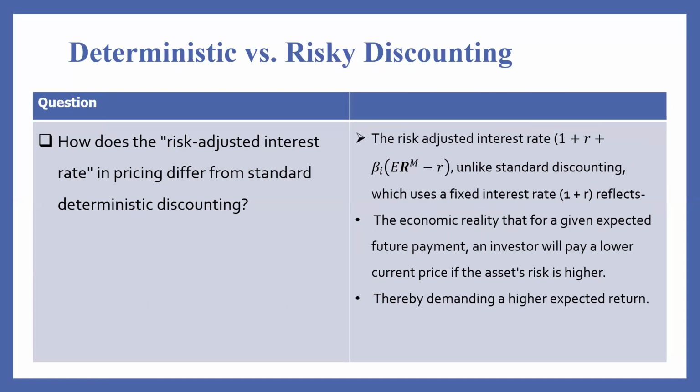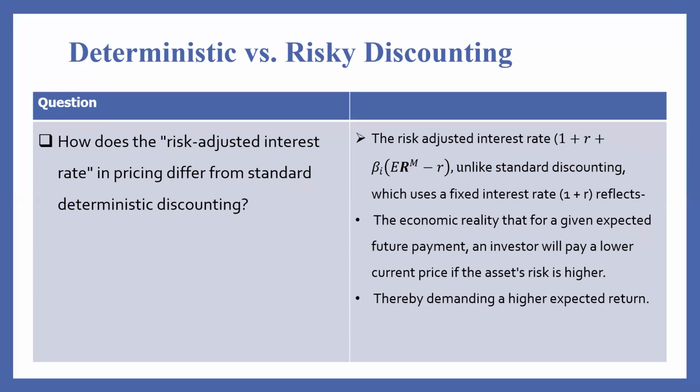Now let's compare two ideas. In normal finance, we use a fixed discount rate, and in the capital asset pricing model, we use a risk-adjusted rate. So a question arises: how does the risk-adjusted interest rate in pricing differ from standard deterministic discounting?